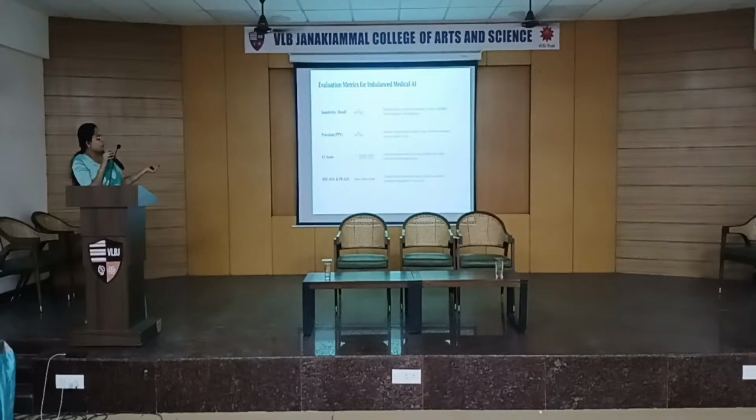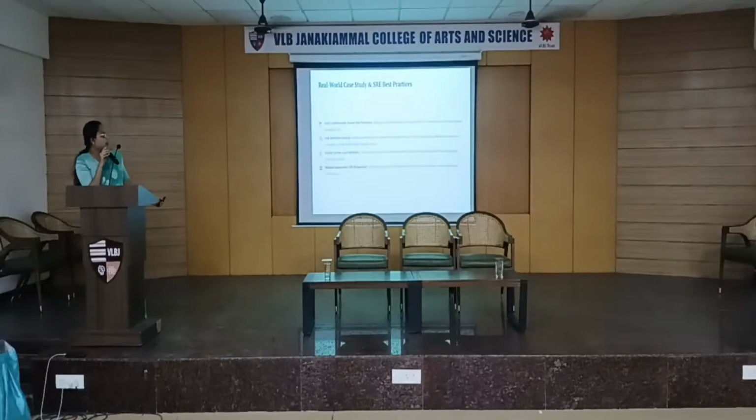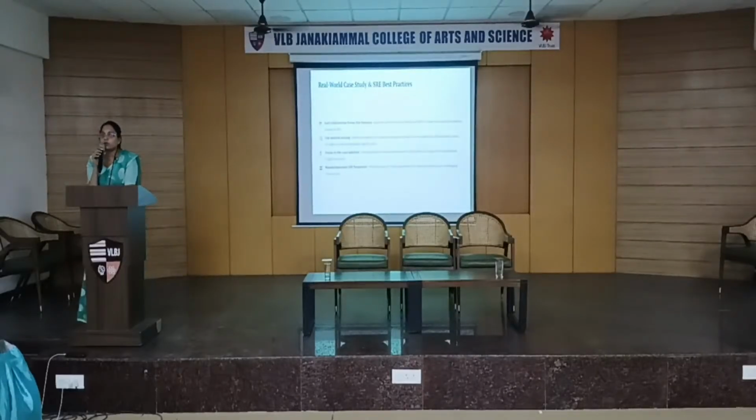And this is some of the evaluation, where true positive is divided by true positive plus false negative. So these are the formulas we apply to calculate that. And coming to real world examples. Before, the early stage of a heart attack was very tough to identify, but now it has become very easy.